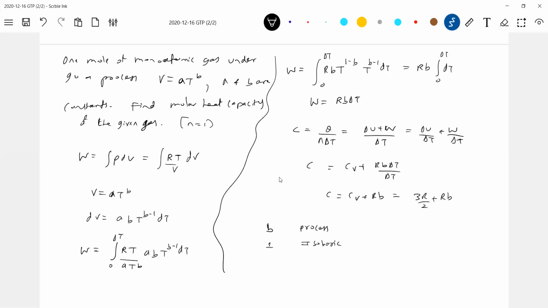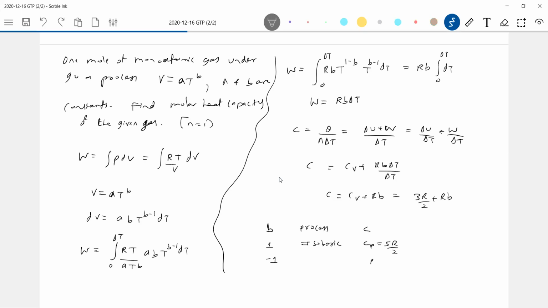Okay, fine. So let B equal to minus 1. What is the molar capacity? It will be Cp, no? Which is equal to how much? 5R by 2. For a monoatomic gas, what is the value of Cp? 5R by 2. Now if B equal to minus 1, how much will it become? R by 2.